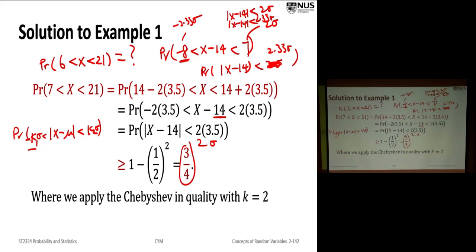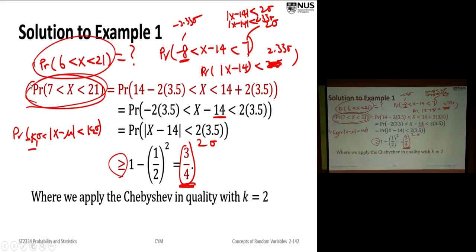But if you understand the argument so far, it's very obvious. This one must be greater than this number. But now, what can I say about this probability, compared with this probability? Can I say that this one must be greater or equal to this one?